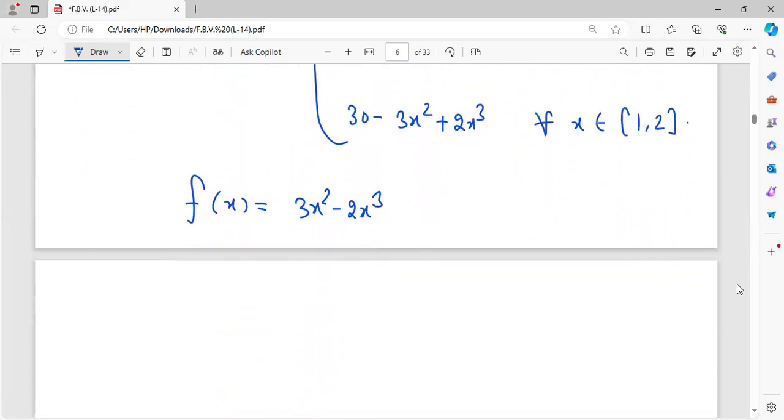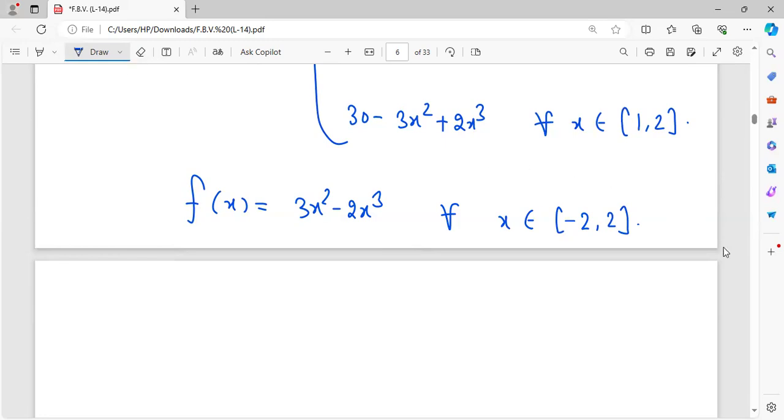So Fx is given this on the overall interval, x belongs to minus 2 to 2.